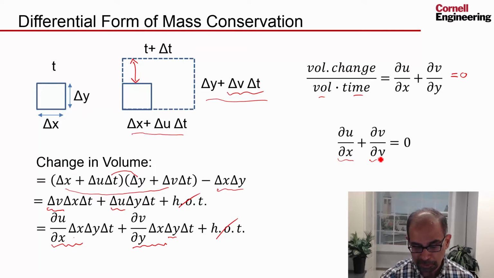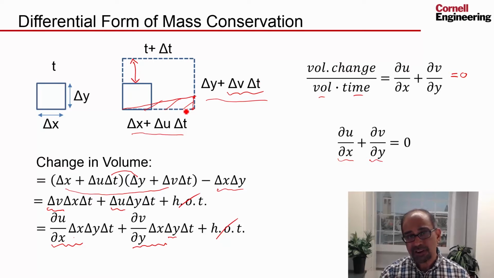In reality, this point here is not only going to move in the x direction with respect to that point, it's also going to move in the y direction. Its y velocity can be a little bit different from there, and this edge is going to skew. Similarly, this edge is also going to skew, and we haven't accounted for that volume.